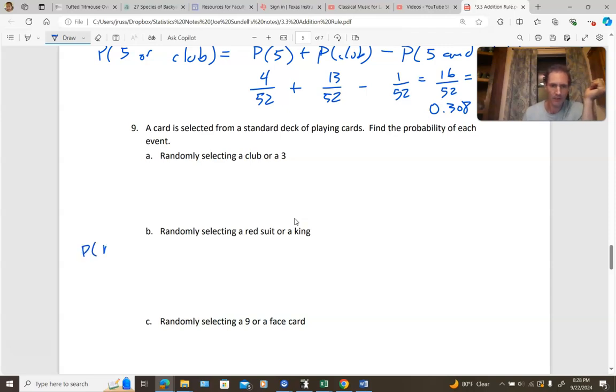So the probability that the card you draw is red, or is a king. Okay. So this would be the probability that it's red plus the probability that it's a king minus the probability that it's a red king.